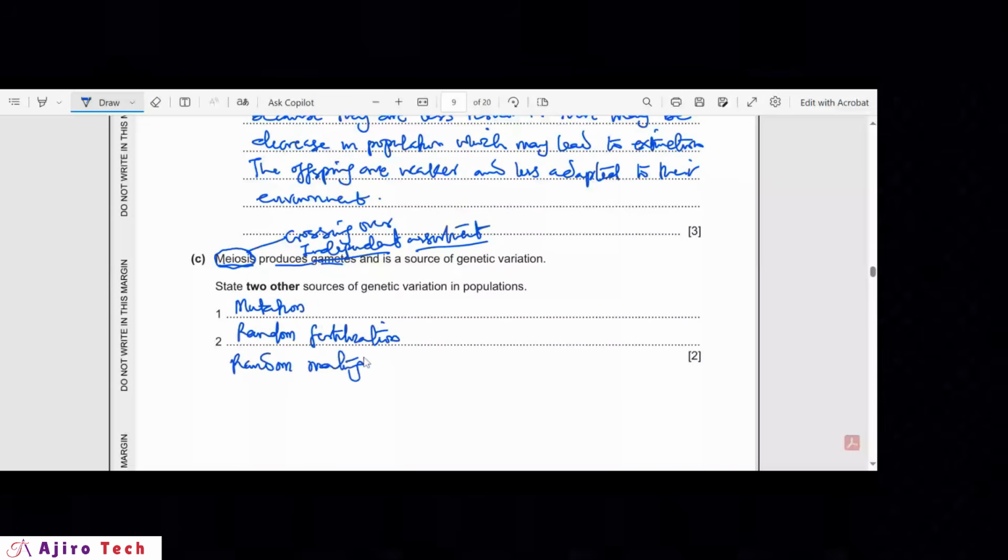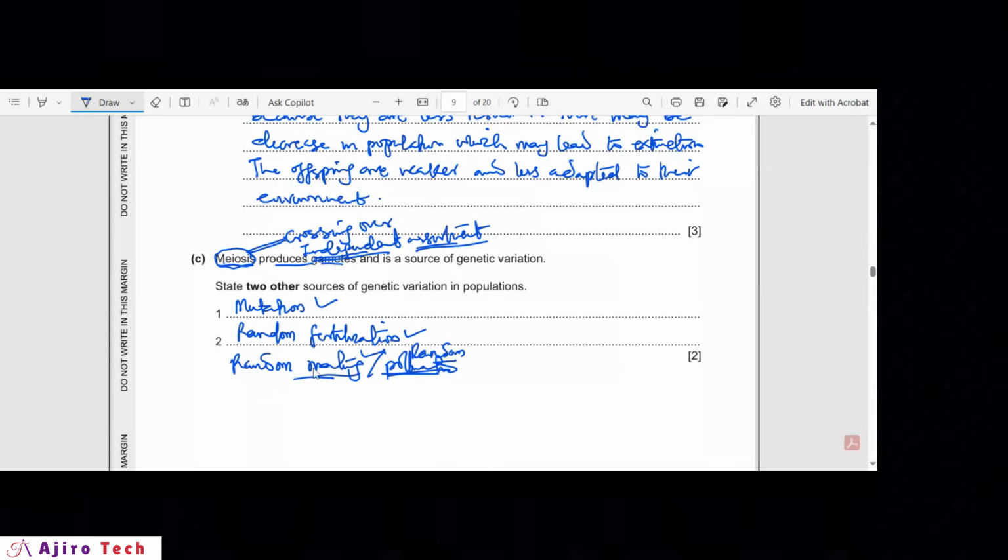You can have random mixing in animals, pollination in plants. Right. So meiosis, crossing over, independent assortment, mutation, random fertilization, random mixing.